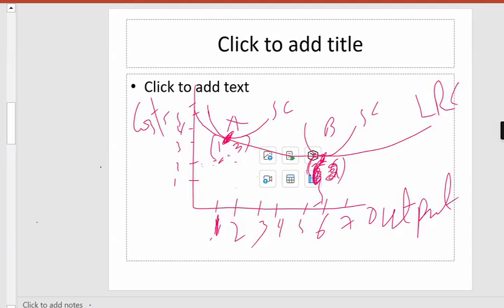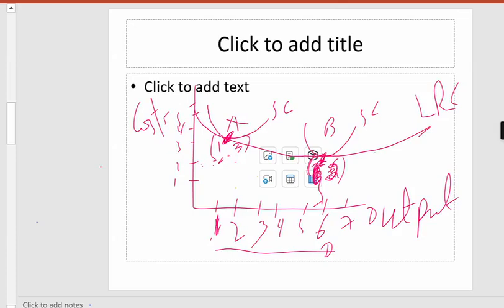But when we increased the production, let's say at level 6, hapa, we were able to produce 6 unit kwa kutumia cost ngapi? 2. Sawa. Kwa maana yake we have to join these points. Ukiziunganisha hizi zote utakuja kupata kitu kinaitwa nini? Long run.